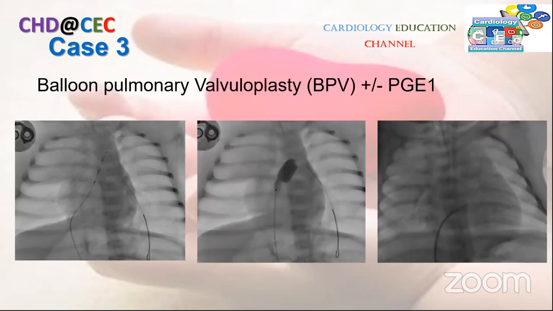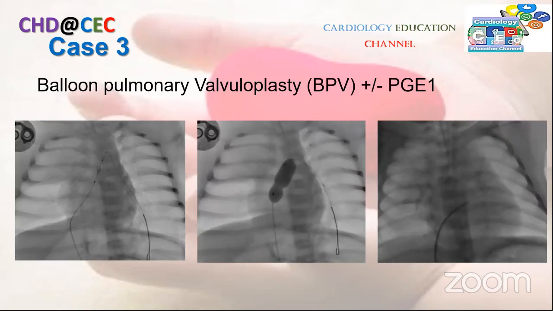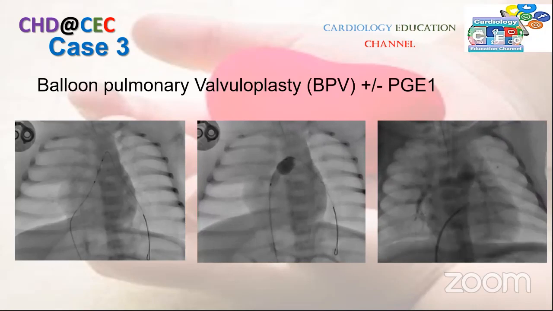So we should always keep in mind this complication, and we should always be ready for it. The avoidance of suicidal RV is very simple: just hydration of the baby pre-procedure could help in preventing it.